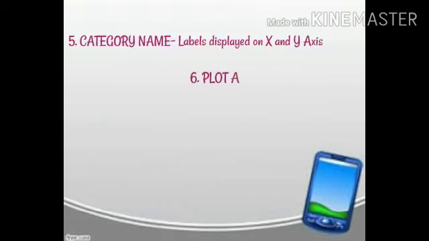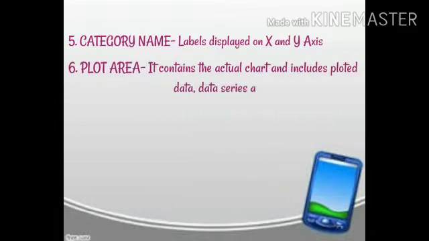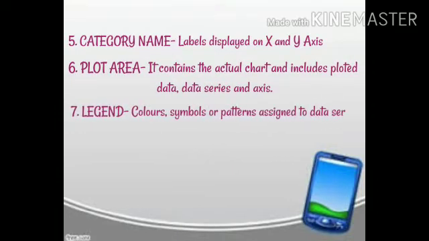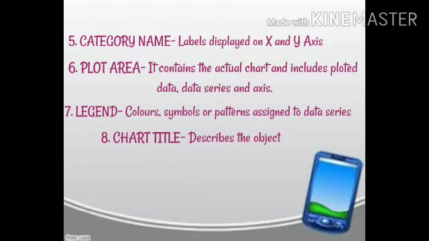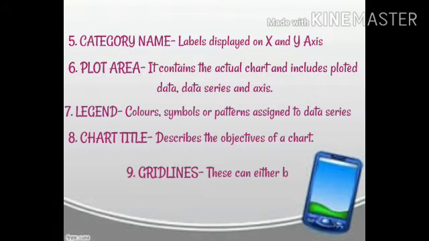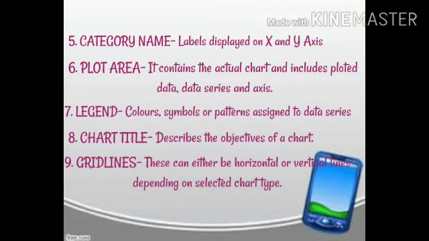Legend depicts the colors, patterns or symbols that are assigned to the data series. Then chart title describes the objective of the chart. Grid lines can either be horizontal or vertical lines depending on the selected chart type.